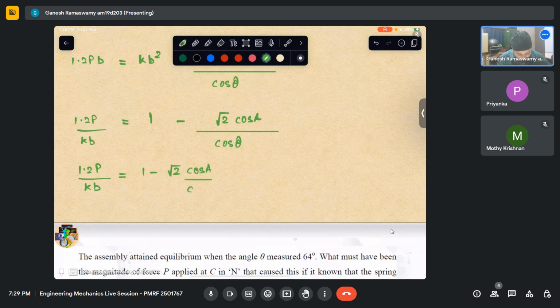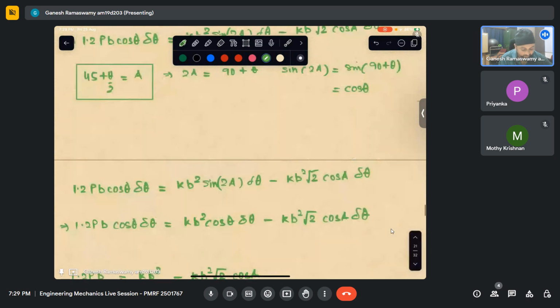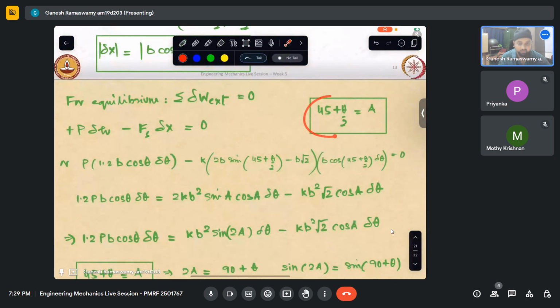Now if I replace for A, what will I get? 1.2 P by k b equals 1 minus root 2 cos, and I defined A as 45 plus theta by 2, so let me put it there.